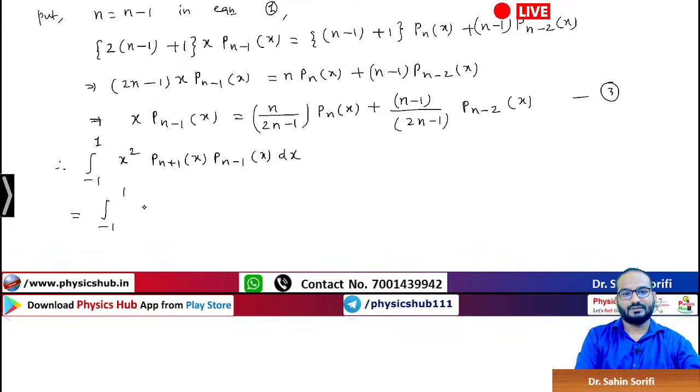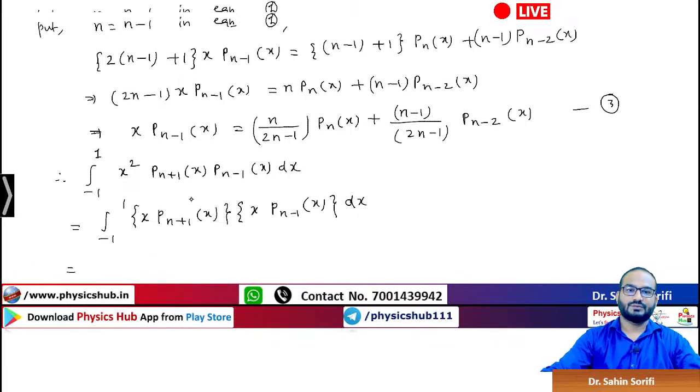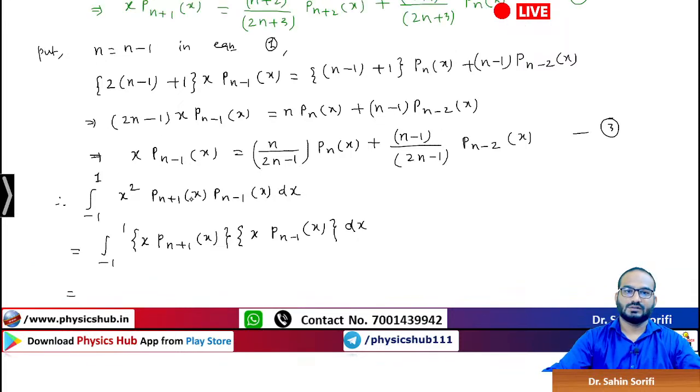Integral from minus 1 to 1 of x times Pn plus 1(x) times x times Pn minus 1(x) dx. So we know the value of x times Pn plus 1(x). Just put them, put it.